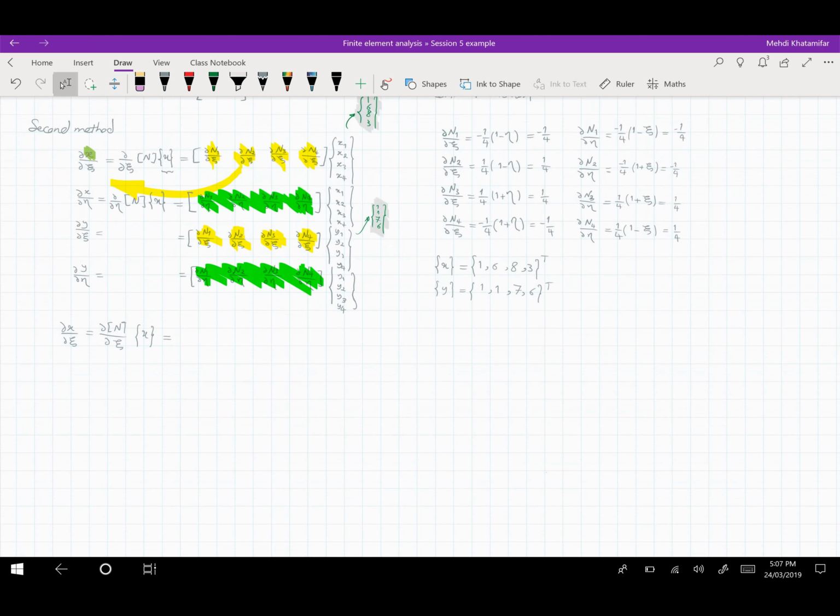We already calculated the derivatives of N over psi here. Let's put in the numbers.